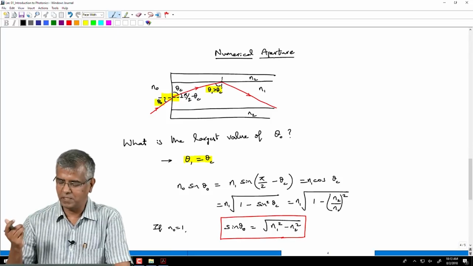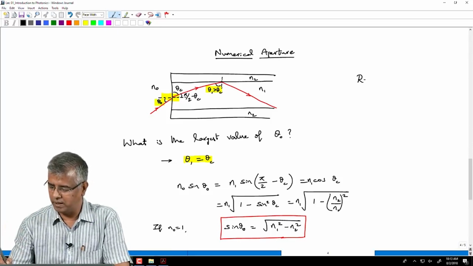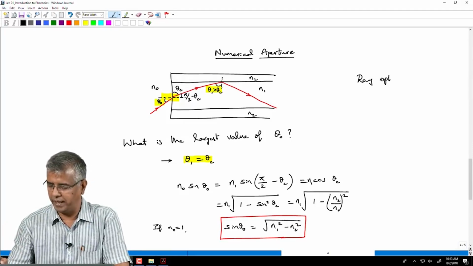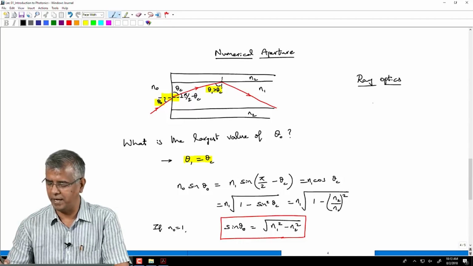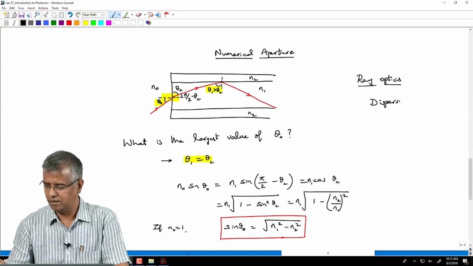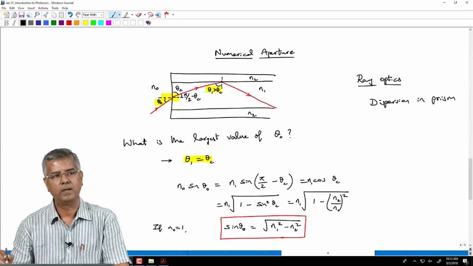So, ray optics principles in general go a long way. With ray optics, we just saw how to design an endoscope. We can explain dispersion in prism, right.